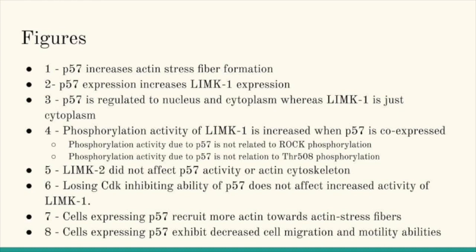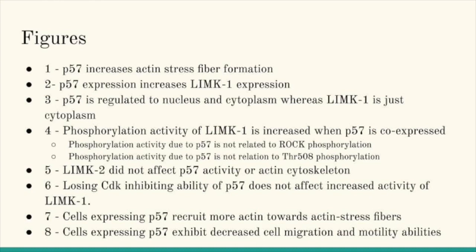That losing CDK inhibition of P57, when it lost that ability to inhibit CDK, it did not affect the increased activity of LIMK1, which was just talking about how the P57 activity in regards to LIMK1 was not related to P57's ability to inhibit the CDKs.